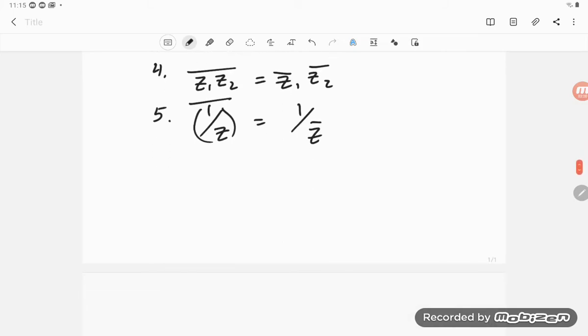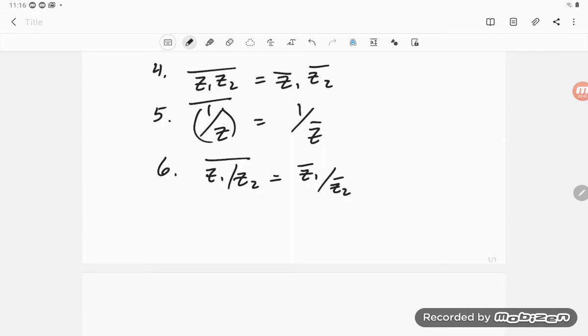So this conjugate gets moved around pretty well in all this stuff. And for z1 over z2, the conjugate is again just each one separately. I can do it that way. So we have all those.